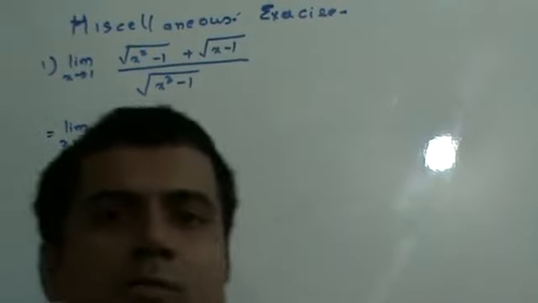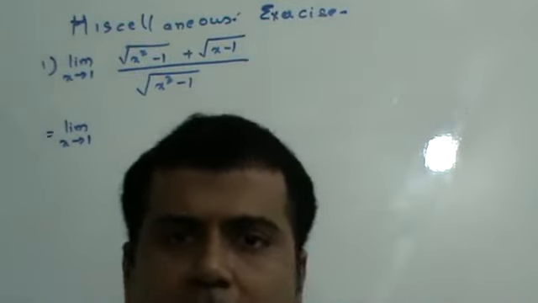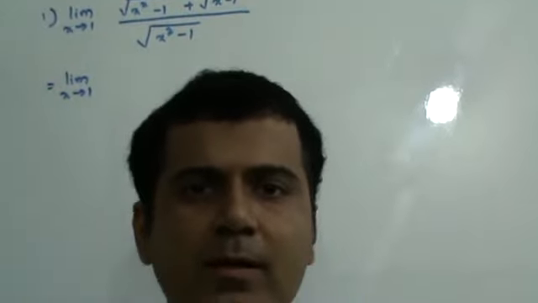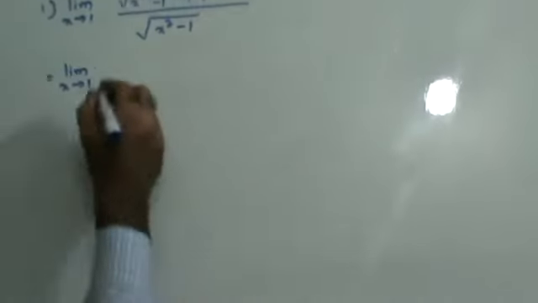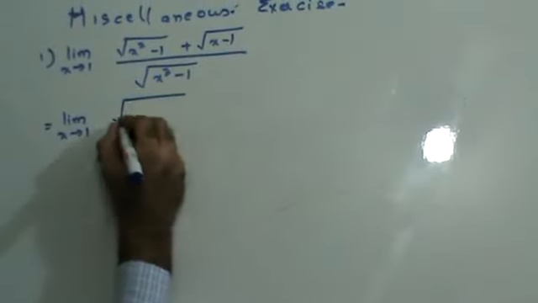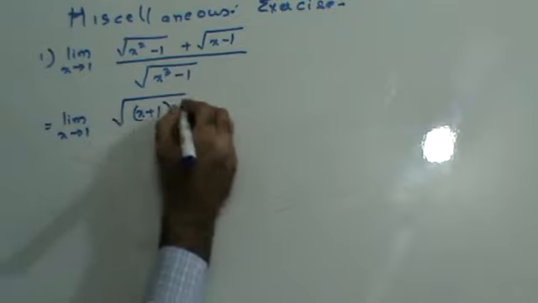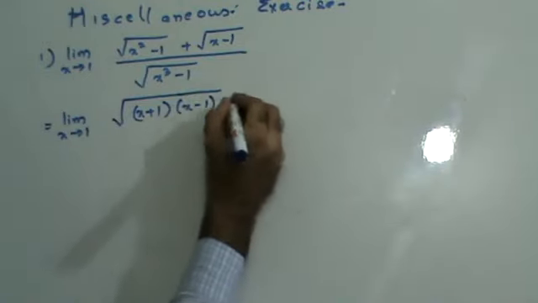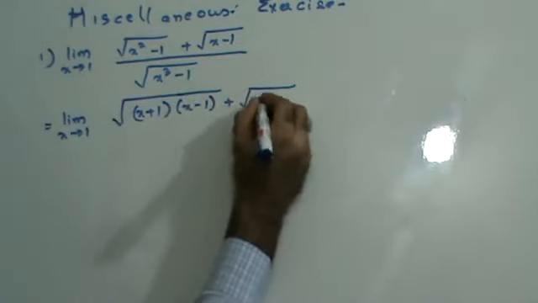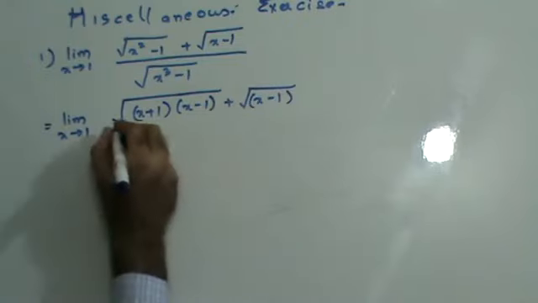X square minus 1 is in the form a square minus b square. A square minus b square can be written as a plus b into a minus b. So, this can be written as x plus 1, x minus 1 plus root of x minus 1.